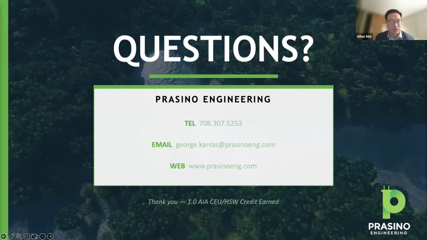One of the key differences in the stretch code is, if you look at the performance paths, most likely you will have to use the performance path. They are using 90.1 2019 PRM, and they changed the criteria to site energy. Why did they do that? Because it's much easier to comply with site energy. In my personal experience, I have not really heard people complaining about complying with the stretch code yet, but we're probably going to hear more feedback in the next couple of years.